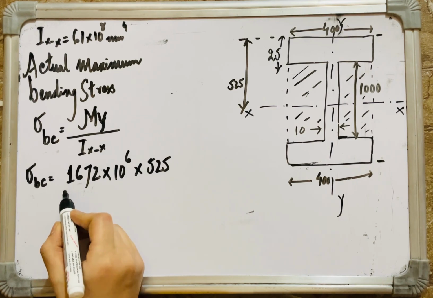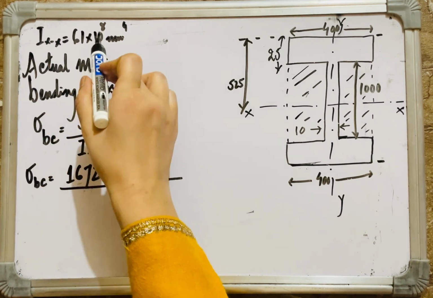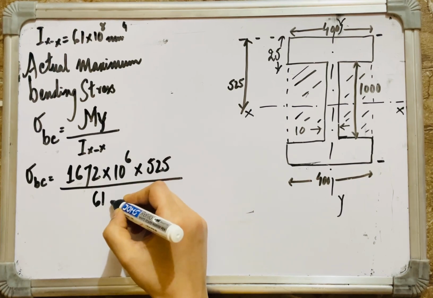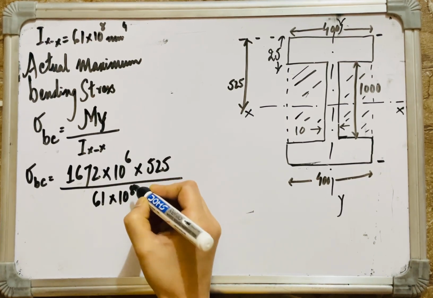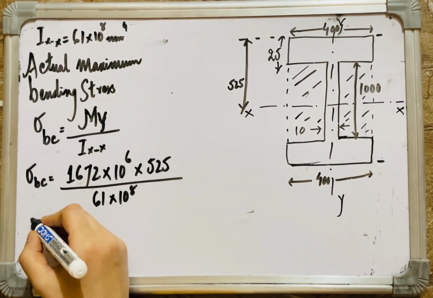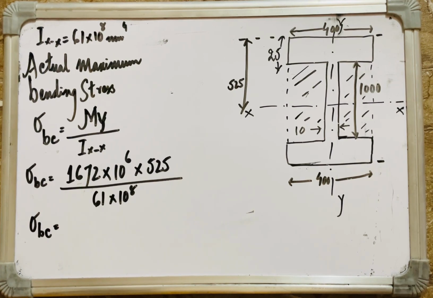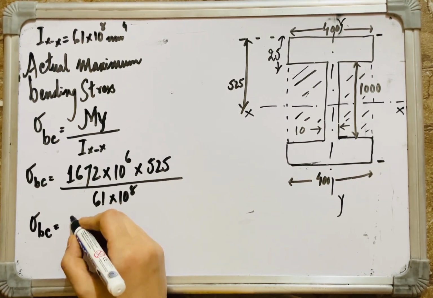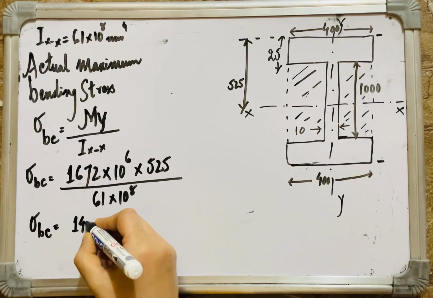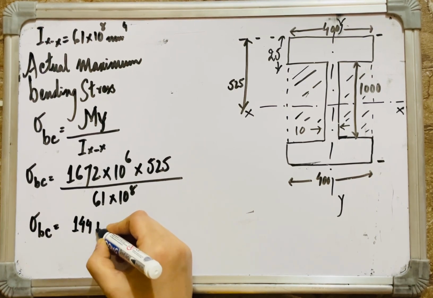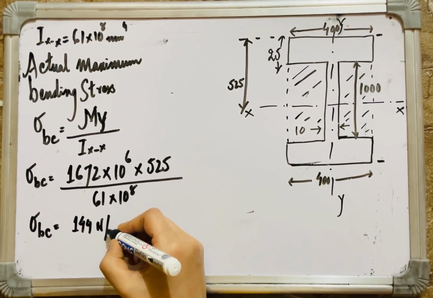And then Ixx, how much did we calculate it? 61 into 10 raised power 8 mm raised power 4. All right. So our actual maximum bending stress that this plate girder will be carrying is how much? By calculations, this is 144 Newton per mm square.